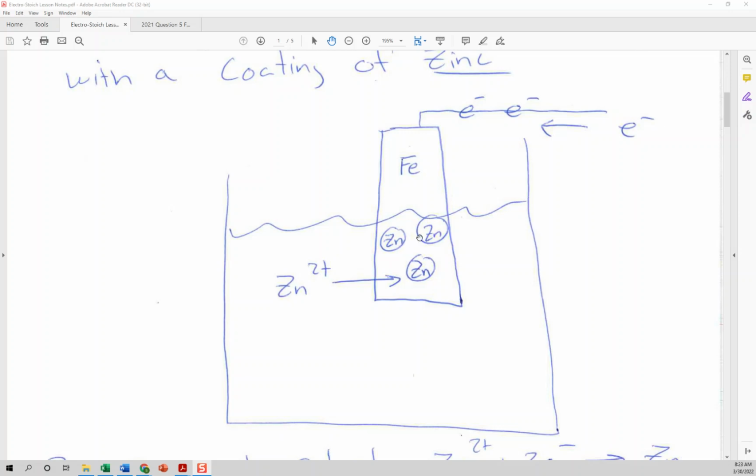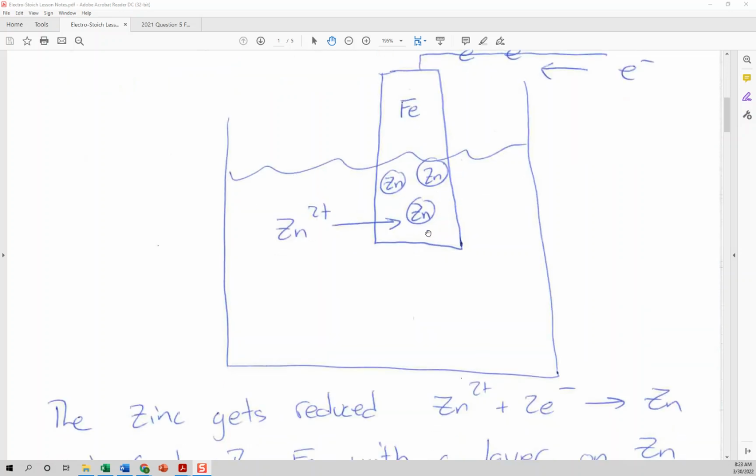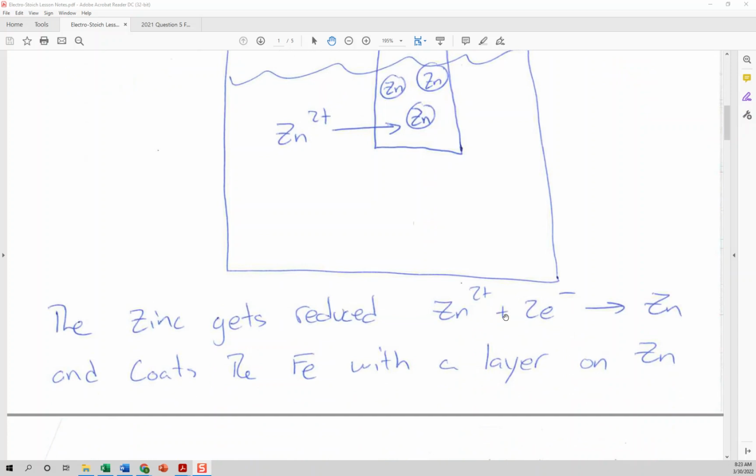Okay, so that's the whole idea. All right, so the zinc gets reduced, and we know that it takes 2 electrons to get 1 zinc. So 2 moles of electrons will give you 1 mole of zinc, and we can coat our iron with zinc, and that means it's been galvanized, okay?